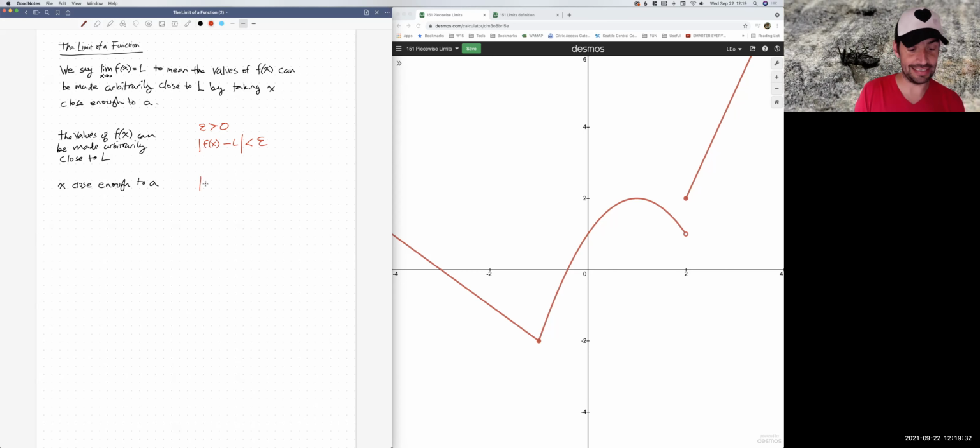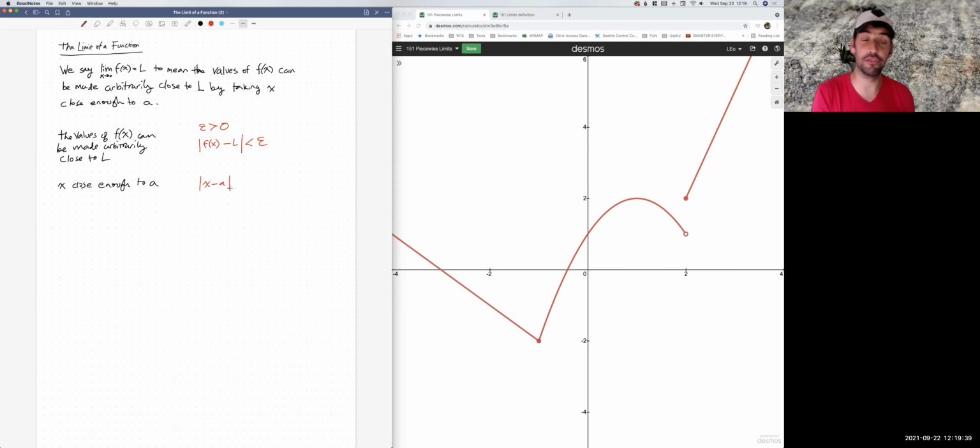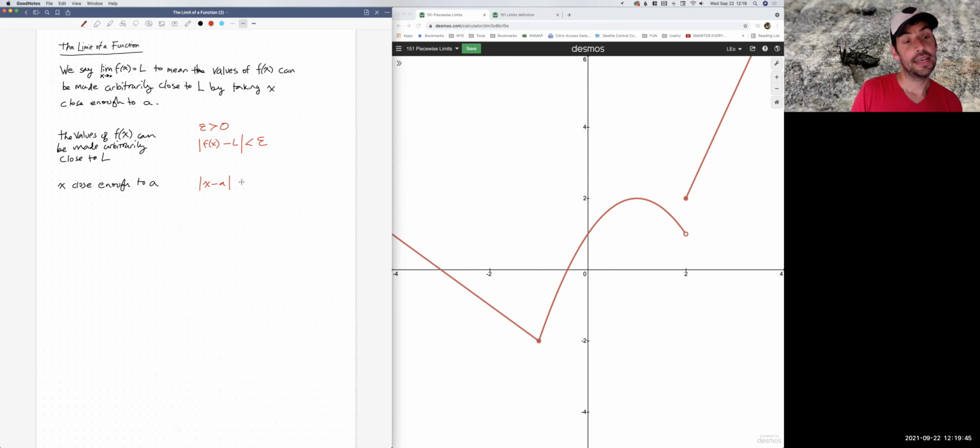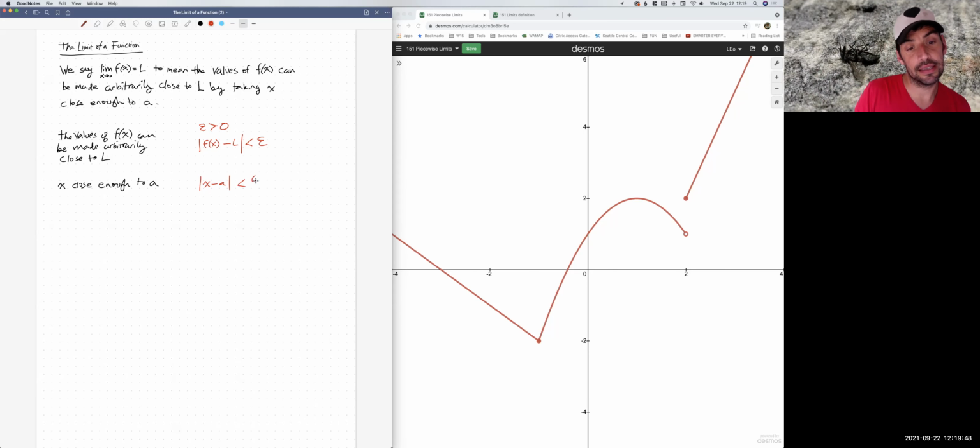What do we mean by that? Well, similar idea. The difference between x and a, right? Again, I don't care if it's above or below. We're going to look in both directions, but the absolute value just tells us how far away, either a little bit below or a little bit above, less than, this is another Greek letter, delta.